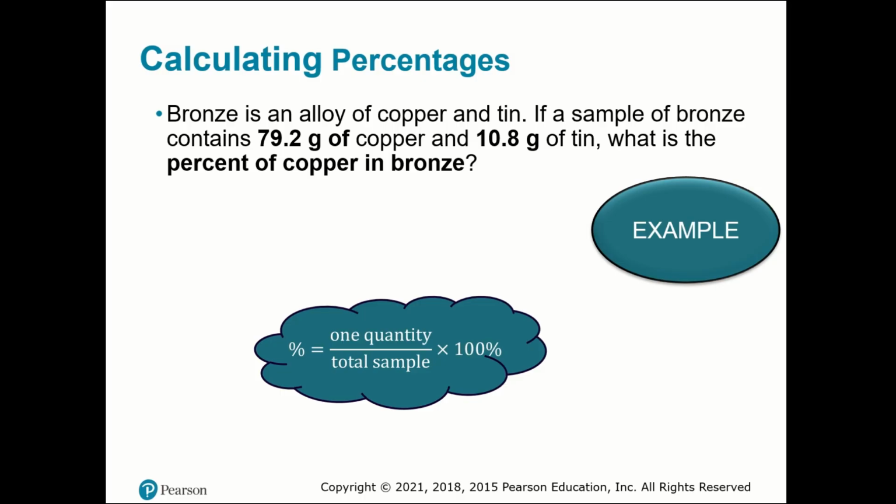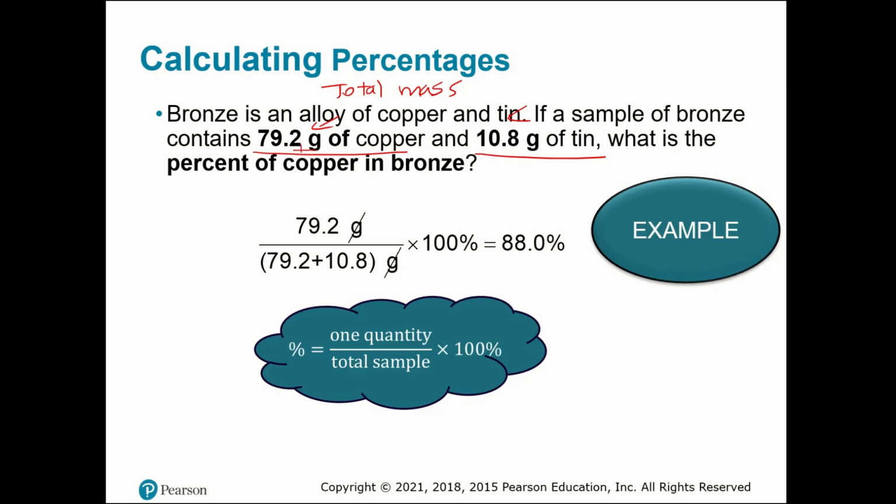Like this example here. The first thing when you read the exam: bronze is an alloy of copper and tin. If a sample of bronze contains 79.2 grams of copper and 10.8 grams of tin, what is the percent of copper? So I need the total mass and I need the part. The total mass will be the sum of copper and tin, and the part is the copper, which is what they're asking me for.